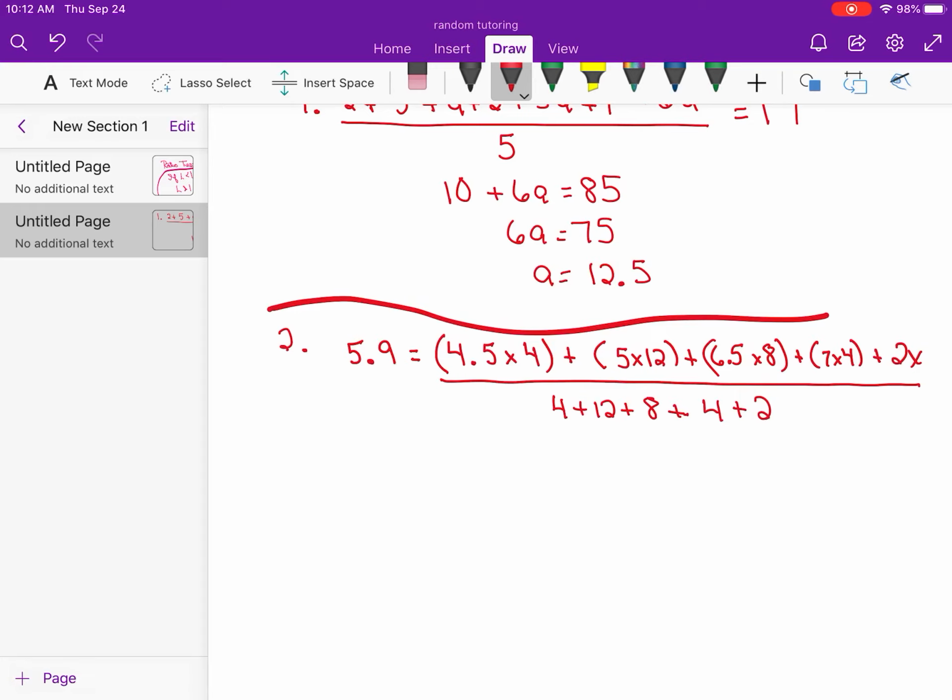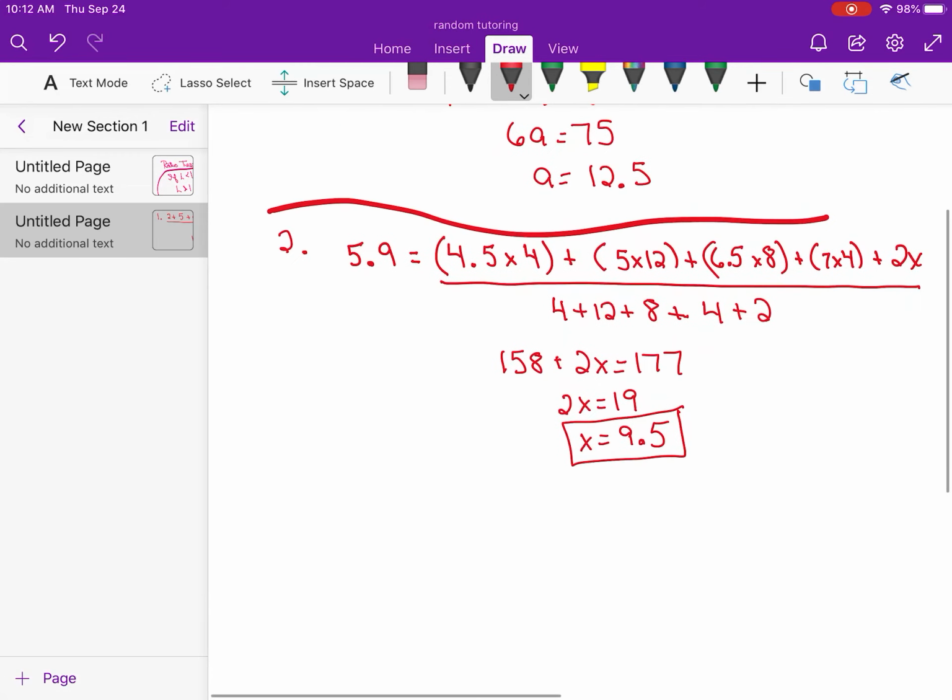You do all your math out and you end up with something like 158 plus 2x equals 177, and then 2x equals 19, and x equals 9.5. So that's how you ended up getting the value of x, which is part A.